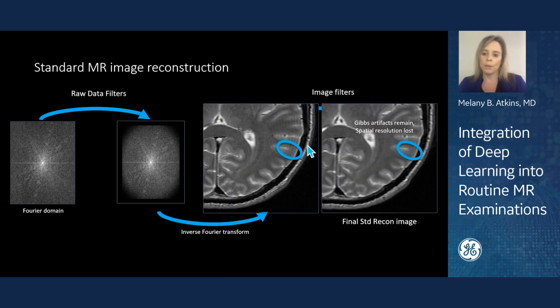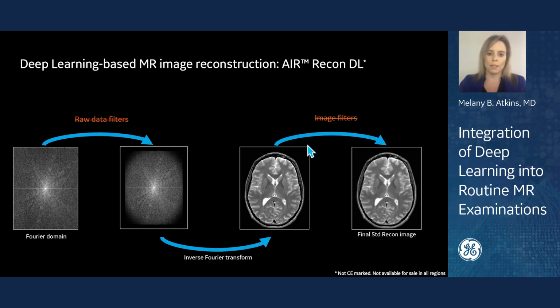And blown up, even with the image filters, we end up losing spatial resolution, and things like Gibbs artifact remain. So we really need a better algorithm to get rid of some of these residual artifacts and areas of noise. So we can apply deep learning-based MR image reconstruction, and we don't have to use any of the raw data filters or image filters.